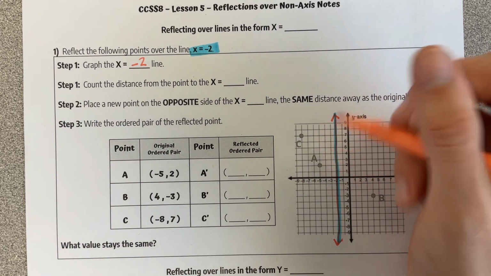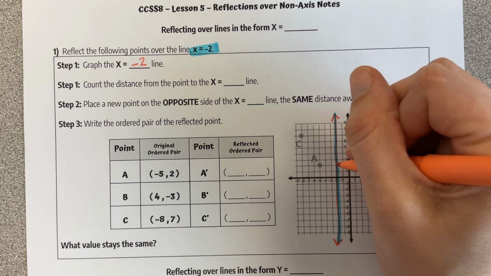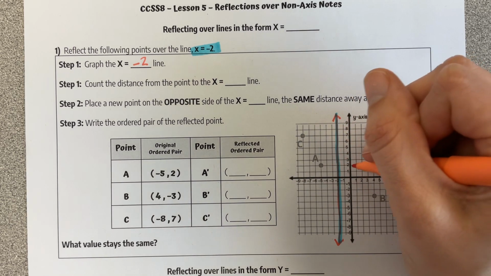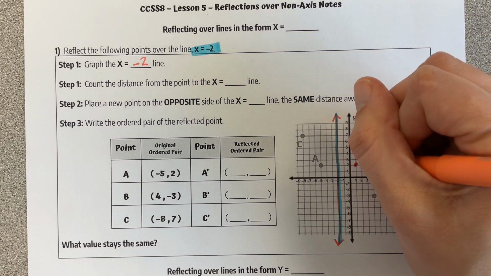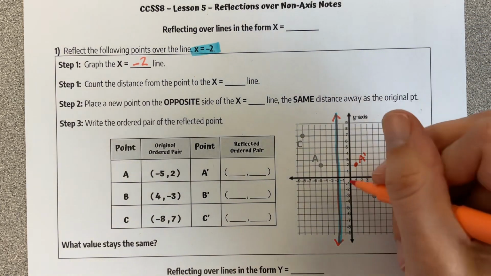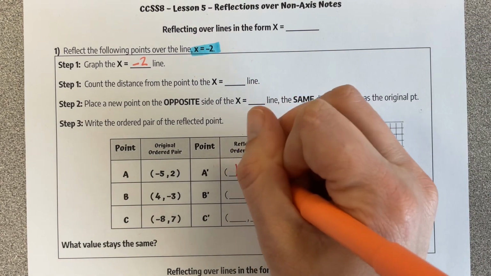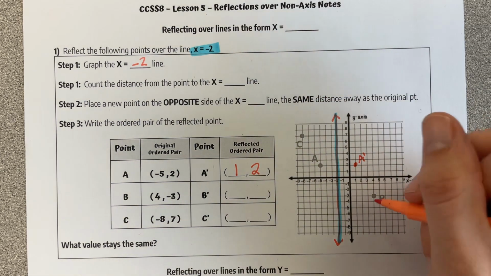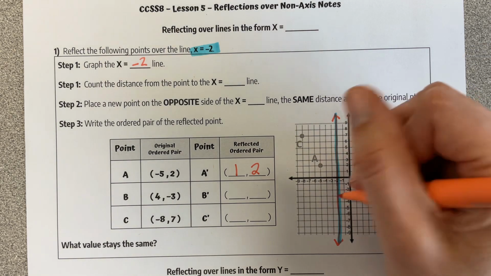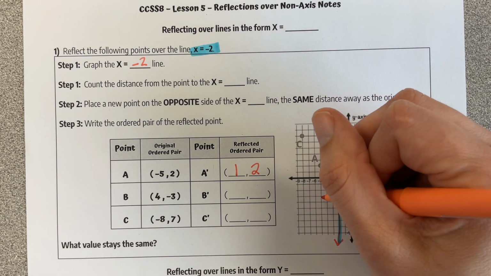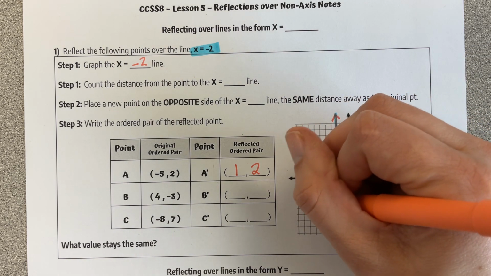Then I'm going to count the distance from the line x equals -2 and plot that. Looking at point A, we've got 1, 2, 3, and then I'm going over 1, 2, 3. So right here is A prime. That is at the point 1, 2. For B, 1, 2, 3, 4, 5, 6, so I'm going over 1, 2, 3, 4, 5, 6.